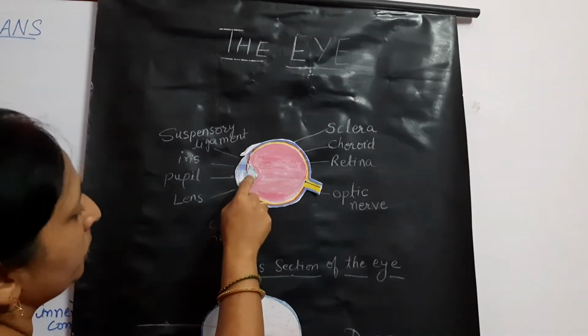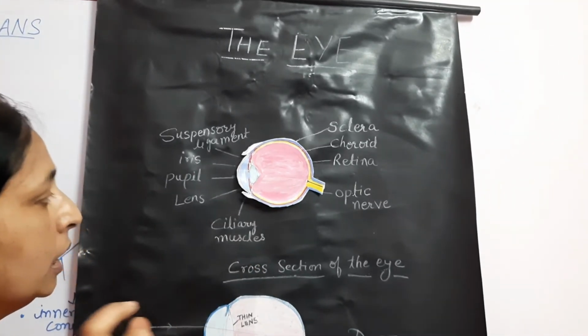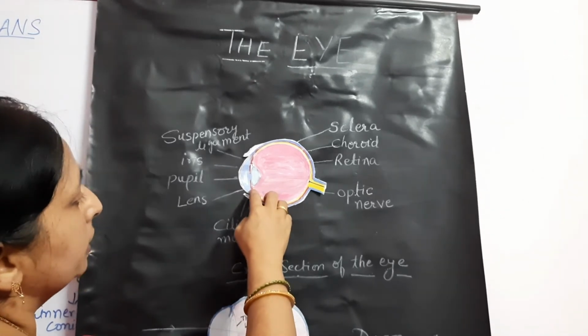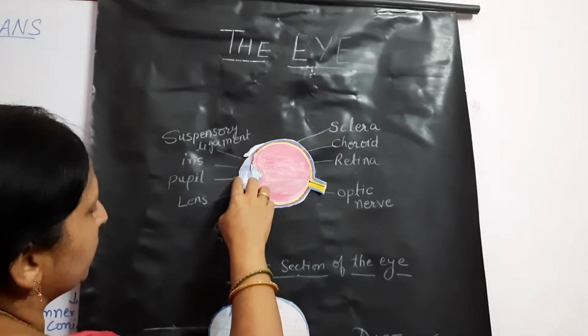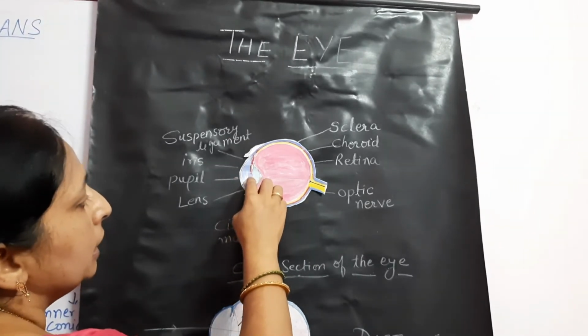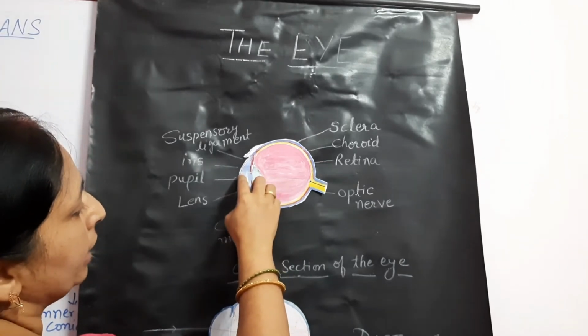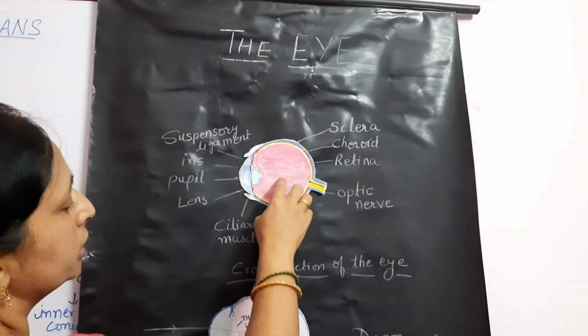The widening or constriction of the pupil is adjusted with the help of the muscles, and then the light enters from the conjunctiva, then to the cornea, then to the pupil. From here it enters the lens, then the aqueous chamber, to the lens, then to the vitreous chamber, which is this one.